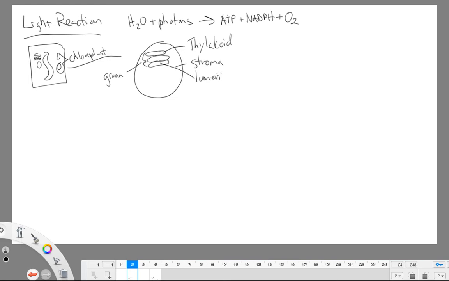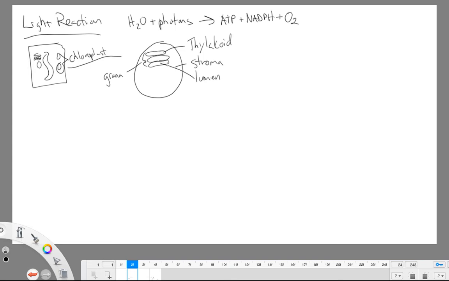So we have our chloroplast here, and within our chloroplast, there's this fluid called the stroma. There are these little pancake structures within the chloroplast that are called thylakoids. The whole group of them is called a grana. And within our thylakoids, there is more fluid, and that is called the lumen.